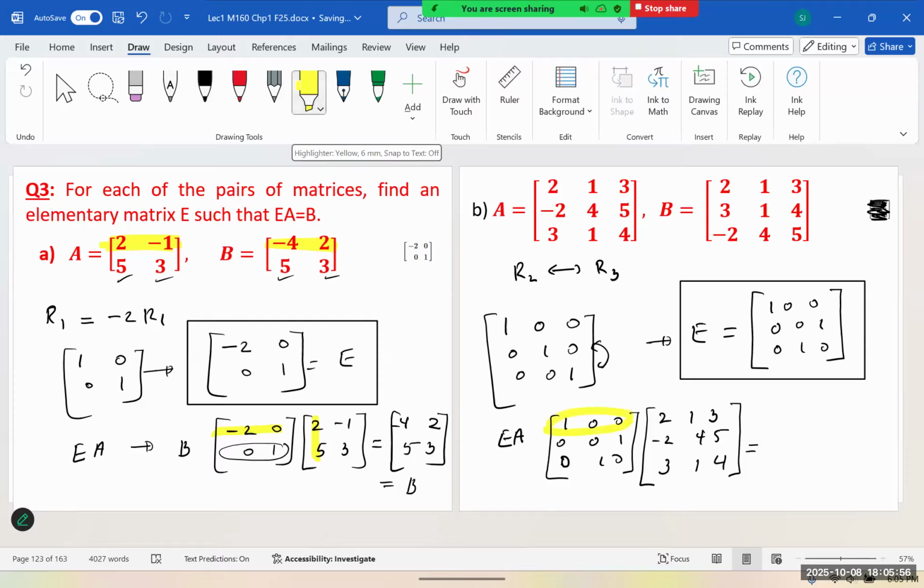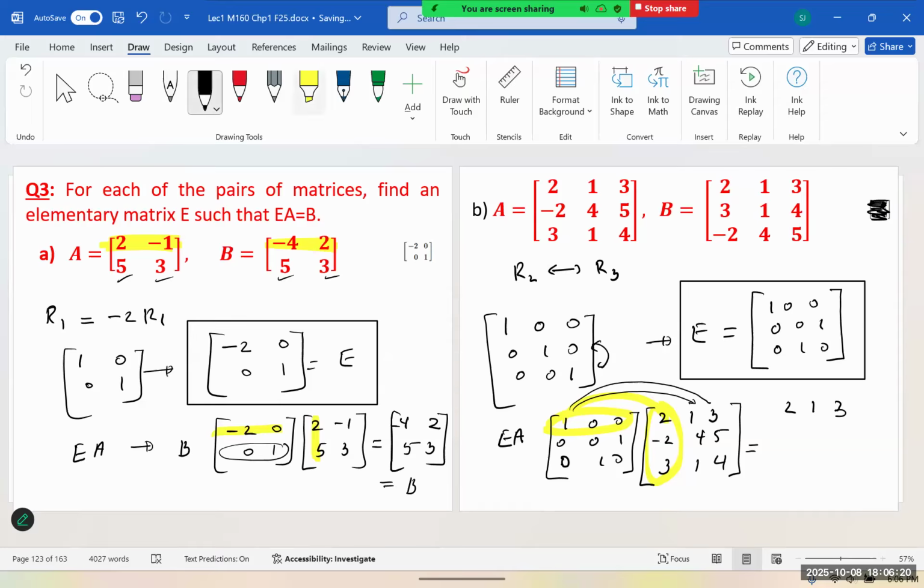1, 0, 0 means only the first number exists when you multiply here. So 2 times 1 gives you 2. Same thing on the second column, only the first number stays, everything else becomes 0. Same thing on the third, only the first number stays. So it's 3.